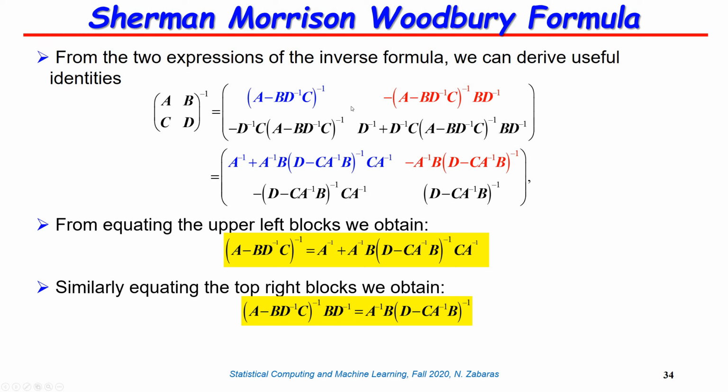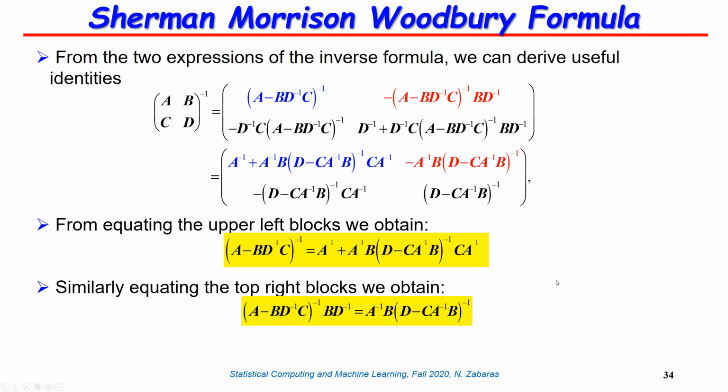Again, how do we get this? This is the expansion of the inverse when we use the Schur complement with respect to D. And this is repeating the same thing, but using the Schur complement with respect to the matrix A. And then I'm equating the blue matrices and the red matrices. So this blue matrix is equal to this blue matrix, and this red matrix is equal to this red matrix.